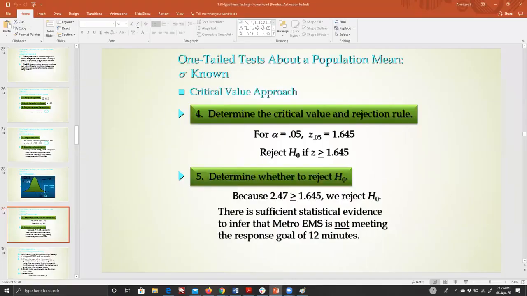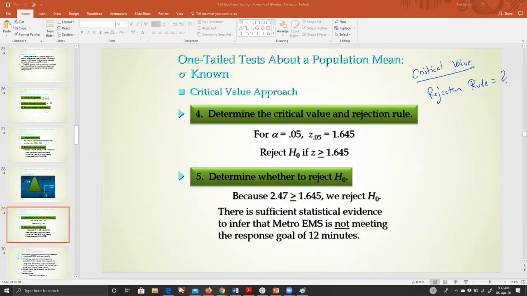So based on our rejection rule, what was the rejection rule in the critical value approach? It's a point, not an area, right? Exactly, it's a point on the real number line.